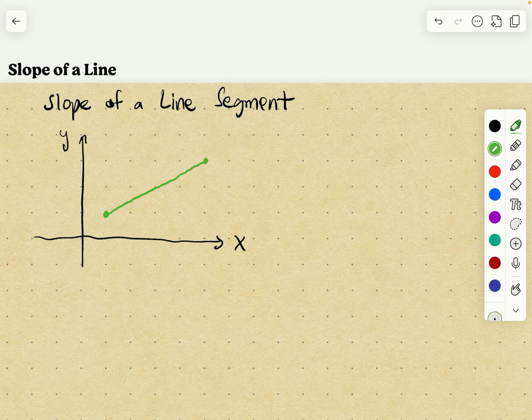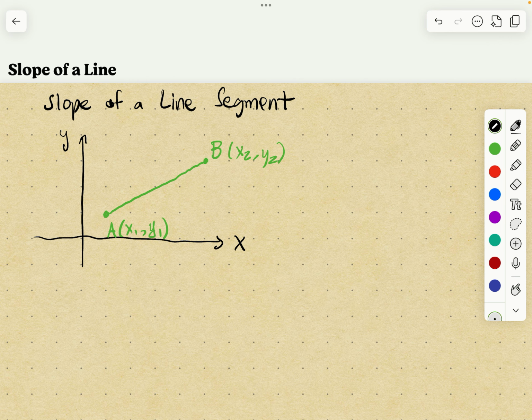Let's label this first point A, and the other point B. I'm drawing just random points, so in general, let's call the coordinates of A x1, y1, and the coordinates of B x2, y2.